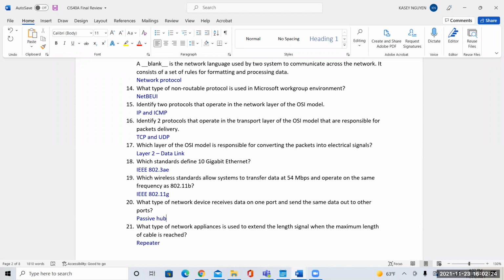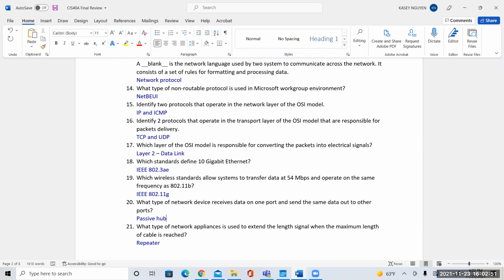You can extend that way, but what happens is when your maximum length is reached, your signal becomes less and less. So if I have a 100-meter cable and then I use a coupler and attach it to another 100-meter cable, by the time it reaches the 200 meters, it will be next to no signal, because the maximum signal strength is 100 meters.